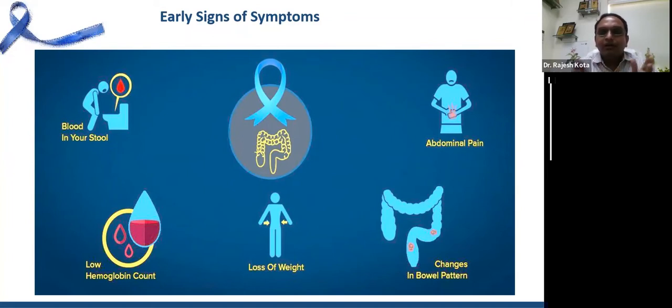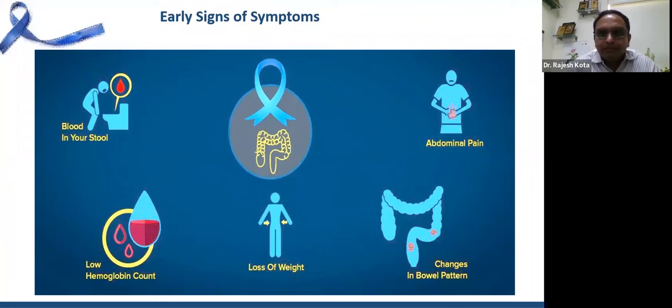If it is a long-lasting phenomenon, I would suggest you consult your general physician or a family physician, and if needed, get it checked with a gastroenterologist. So blood in stool should alarm you to get checked by a doctor. Not that all patients having blood in their stools have colon or rectal cancers, but that is a warning symptom for you to get tested.